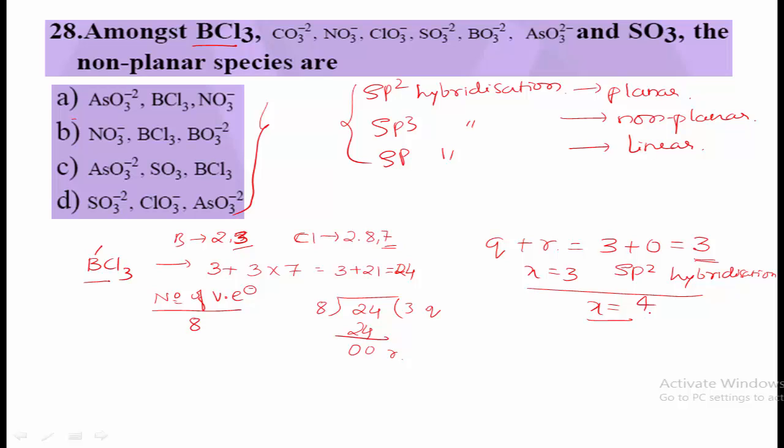If x is equal to 4, it is sp3 hybridization. And if x is equal to 2, then it is sp hybridization. And sp represents linear, sp3 is non-planar, and sp2 means planar. So that you should know.